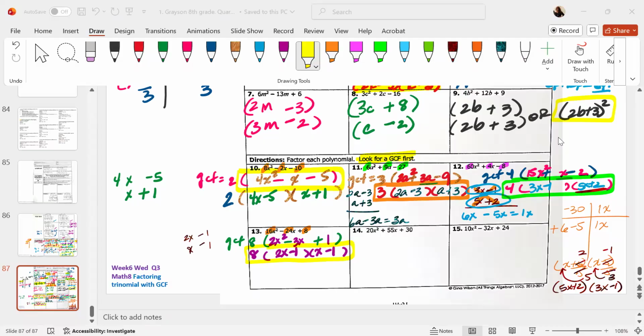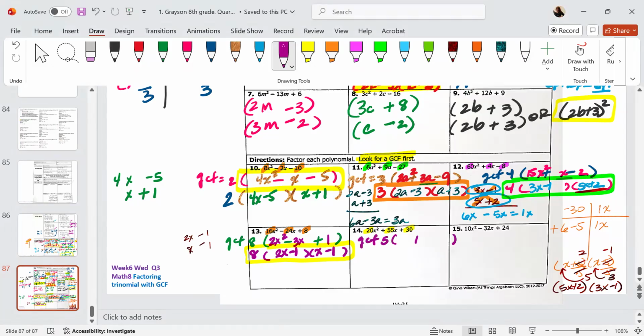Okay, so. All right. 20, 55, 30. I think it's going to be 5, right? Yes. Everything's positive, so that's good. 4x squared, 11x, 6, right? Put this into 2 parentheses.